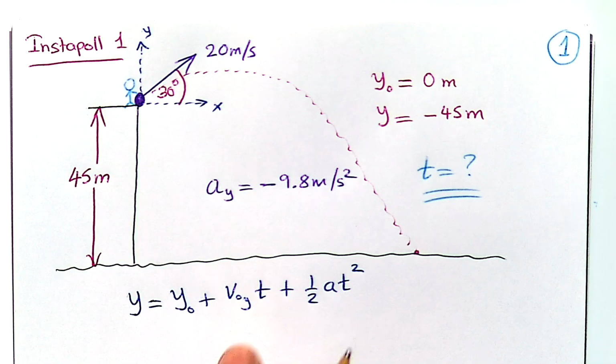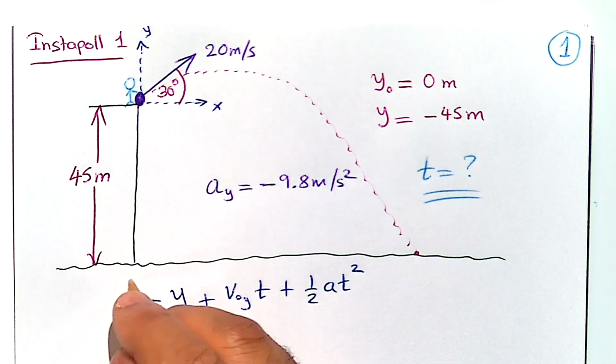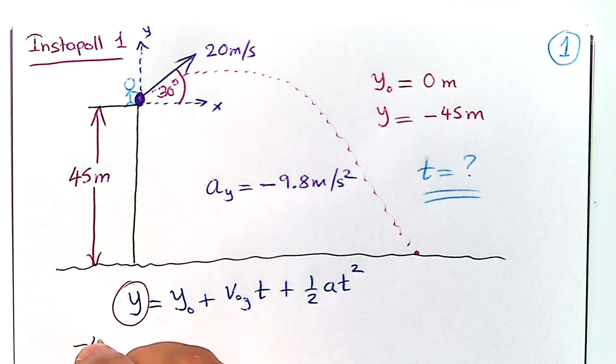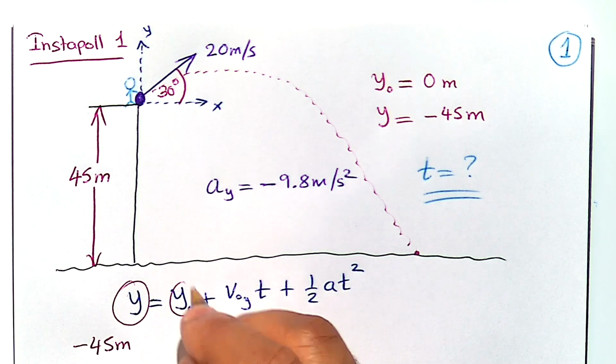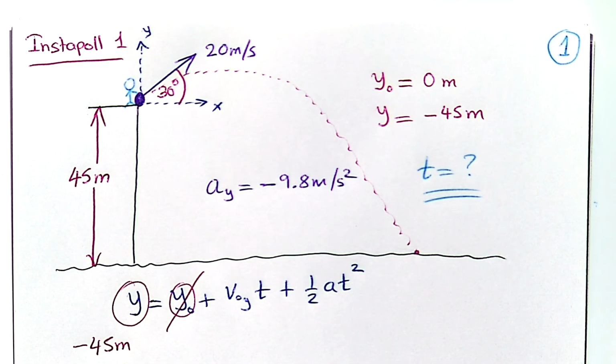Velocity initial, we sort of have some information about that. We kind of have this 20 meters per second. And then we have the y values before and after. Okay, so let's check off what we know. The final y is minus 45 meters. The initial y is 0.